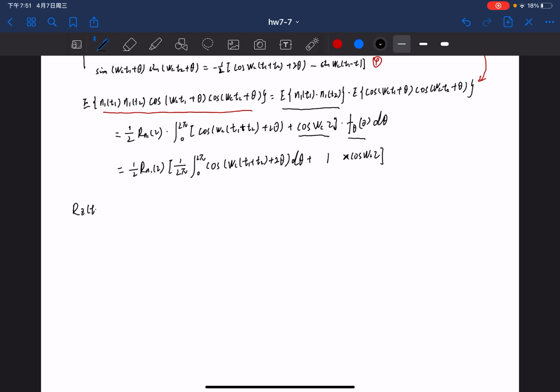R_z(T1, T2) is equal to 1 divided by 2 R_n1(tau) times 1 divided by 2 pi integral from 0 to 2 pi of cosine omega_c (T1 plus T2) plus 2 theta d theta, plus cosine omega_c tau.